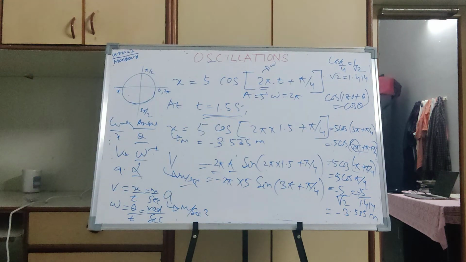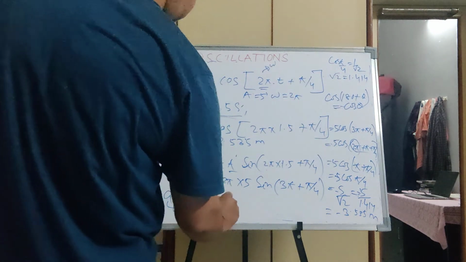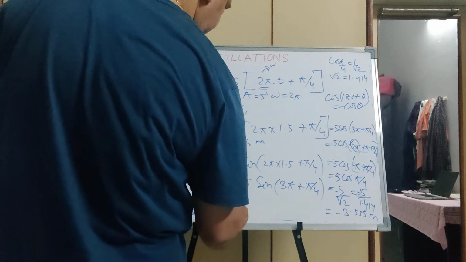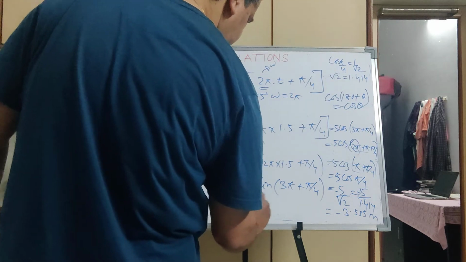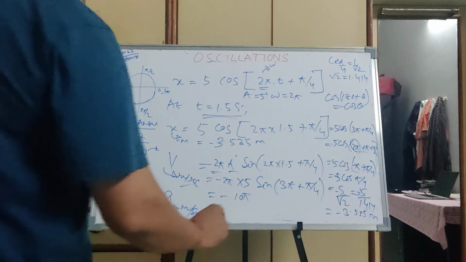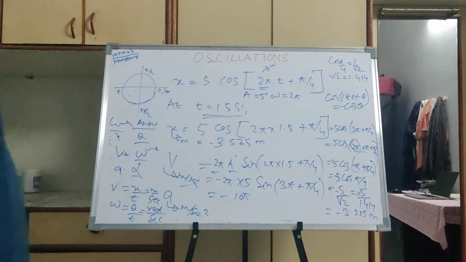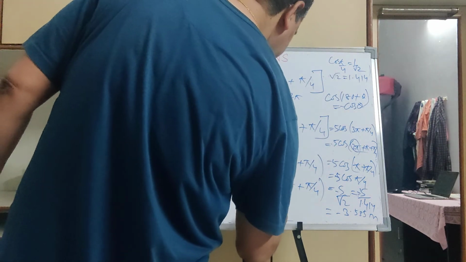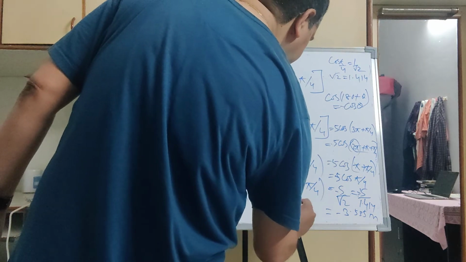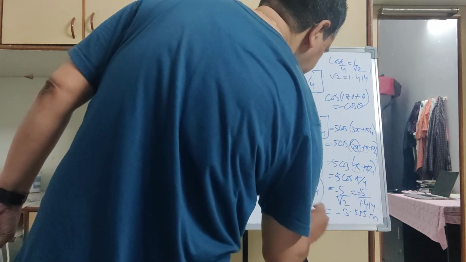So this becomes minus 10 pi, then it will be pi plus pi by 4.